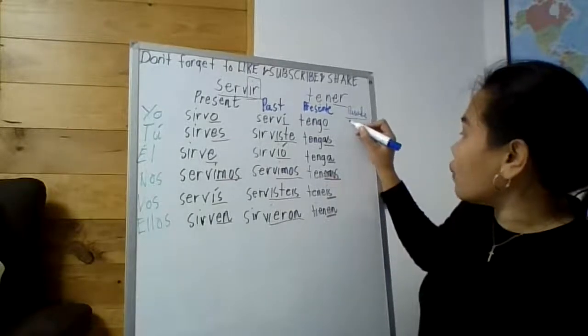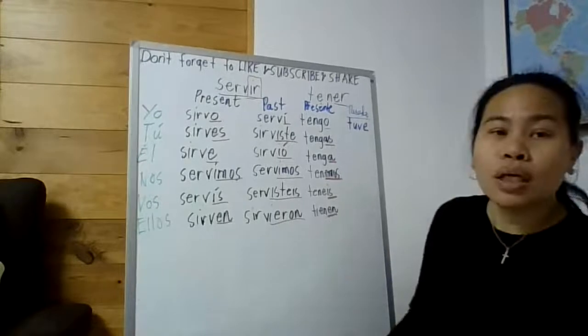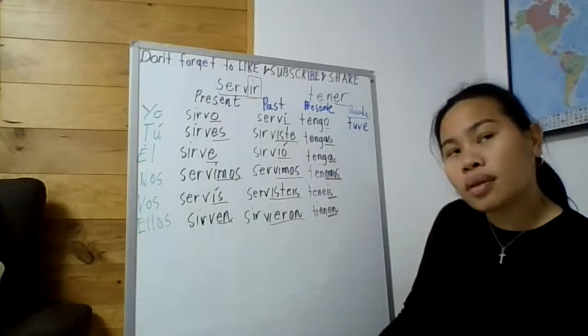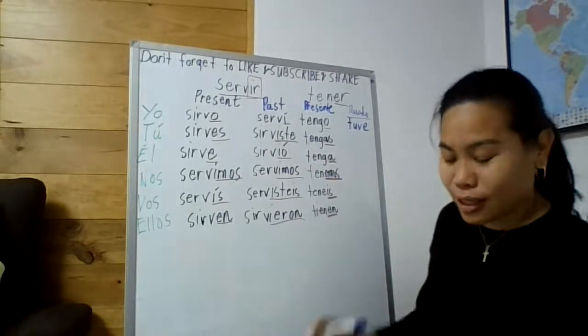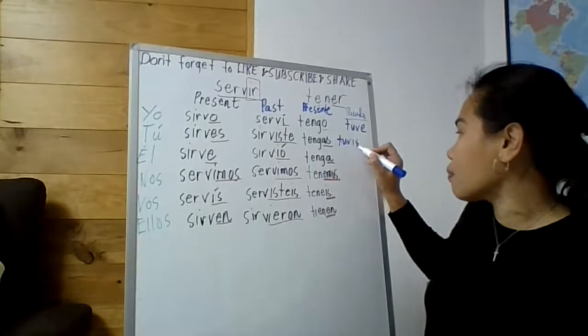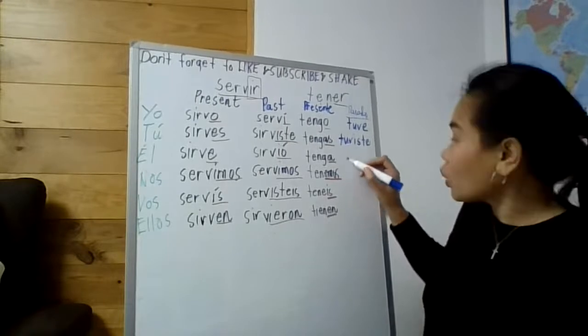Okay? Tuve. ¿Vale? Tuve un accidente, no. It's not a good example. Tuviste, ¿vale?